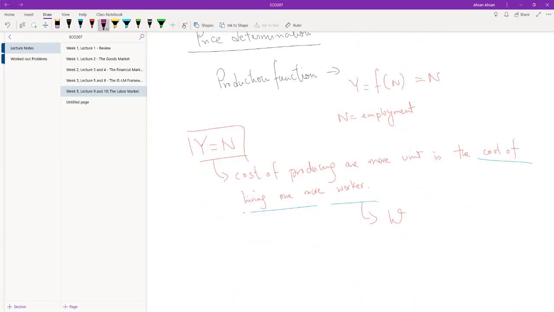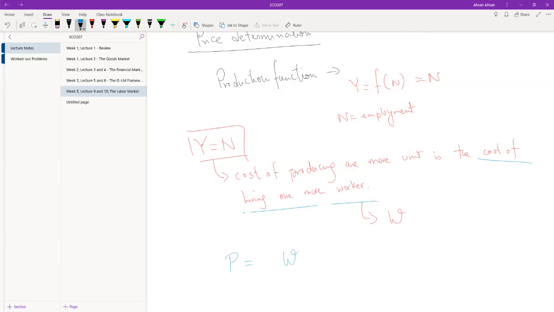So if that is the case, what is the price level in the economy? It has to be at least W, because that is our cost of production. So if we're paying each worker 10 taka, our price has to be at least 10. If it's less than 10, we're not making a profit. We're making a loss, we'll go out of business.